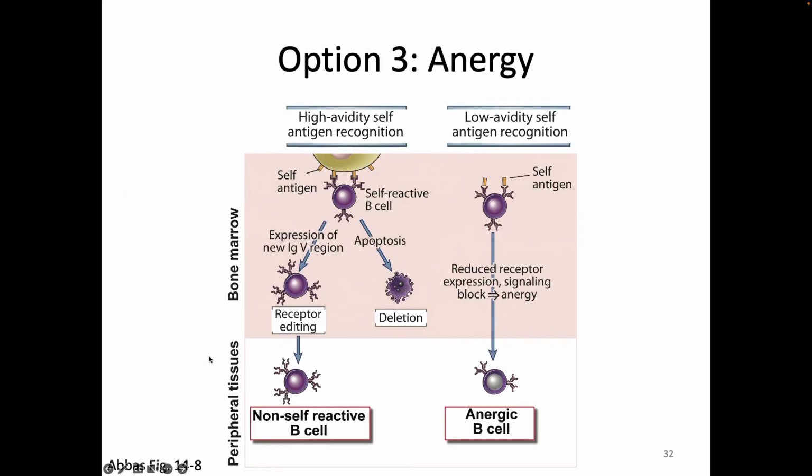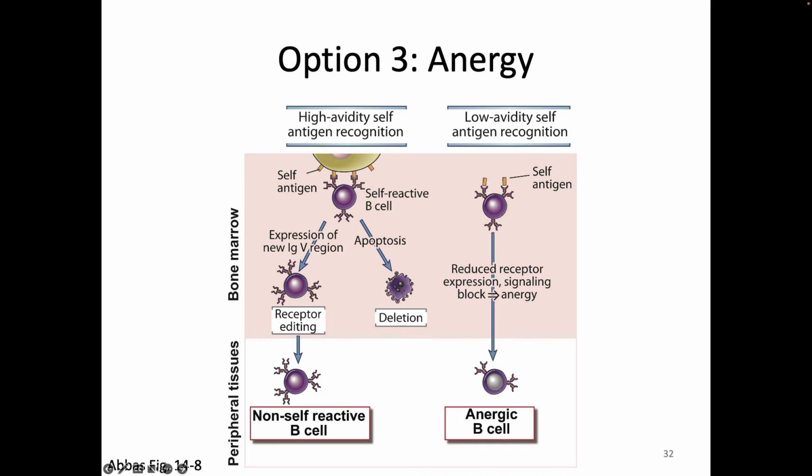This option is known as anergy. If we have kind of weaker binding to self-antigen, that cell is going to get a block, so it cannot signal anymore, but it's going to be allowed to leave as an anergic B cell.